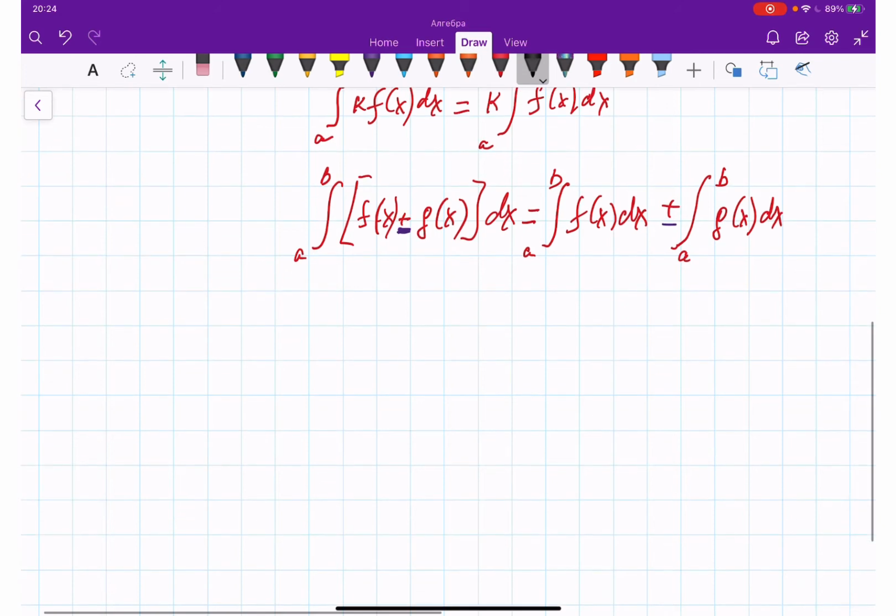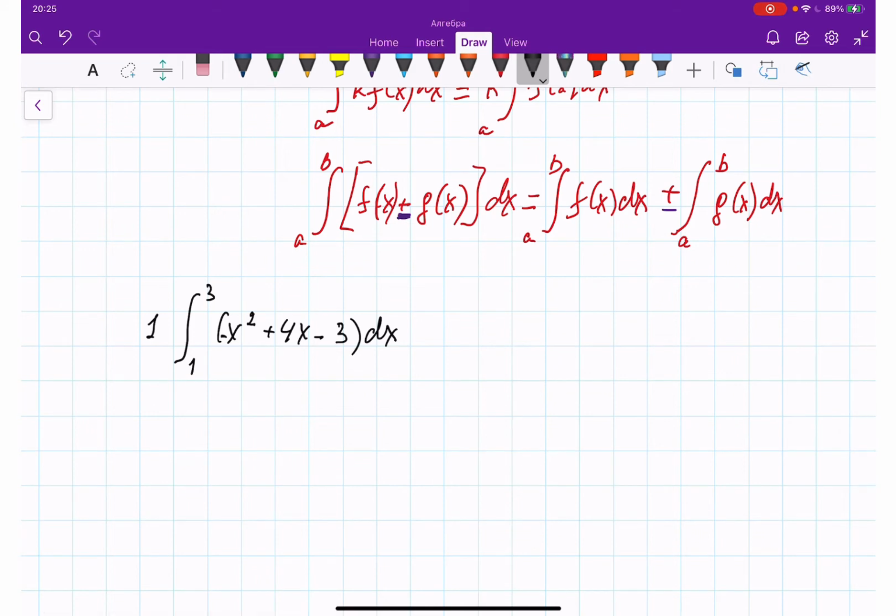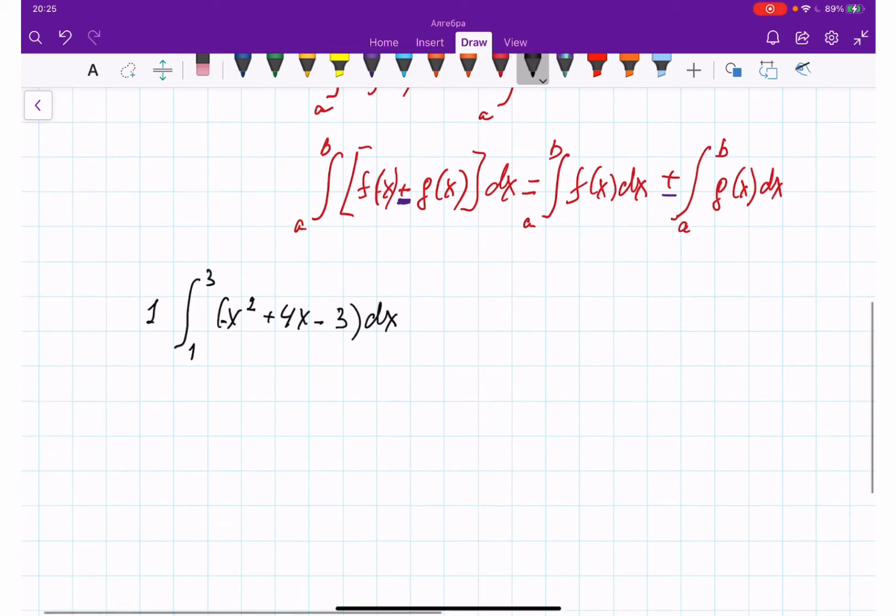All right, so we have the integral from 1 to 3 of negative x squared plus 4x minus 3 dx, using each of the following values.